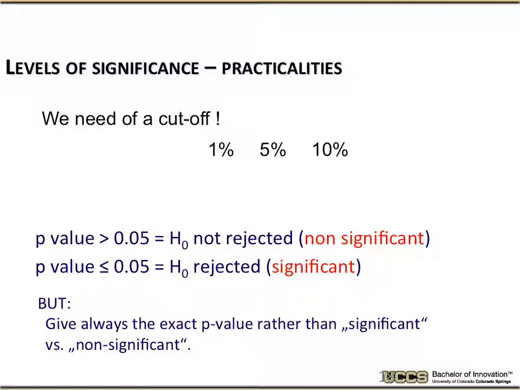But when I say give the p-value, I don't mean report p equals 0.011325. I'm not looking for lots of digits here. I'm saying it's significant at the p equals 0.015 level. And if it looks like 0.0001, I would say that might be interesting to report.